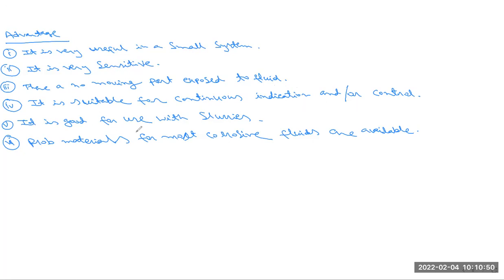Number five, it is good for use with different types of slurries, that is, different types of materials. And probe materials, that is, equipment of the system, are available for most corrosive fluids. That means when you measure any acidic or alkaline liquid, there is no loss or corrosion from this capacitive type of level measurement.